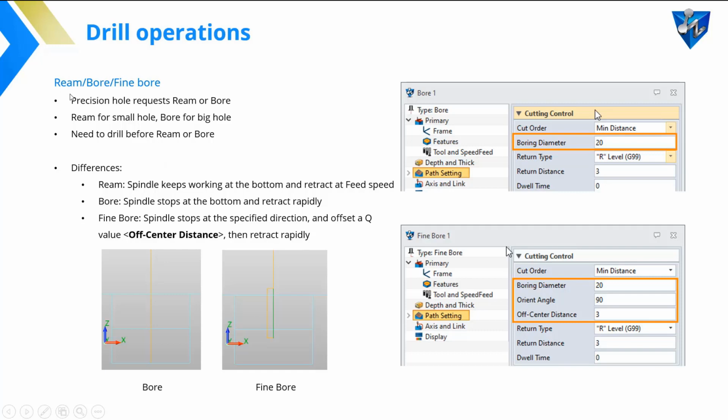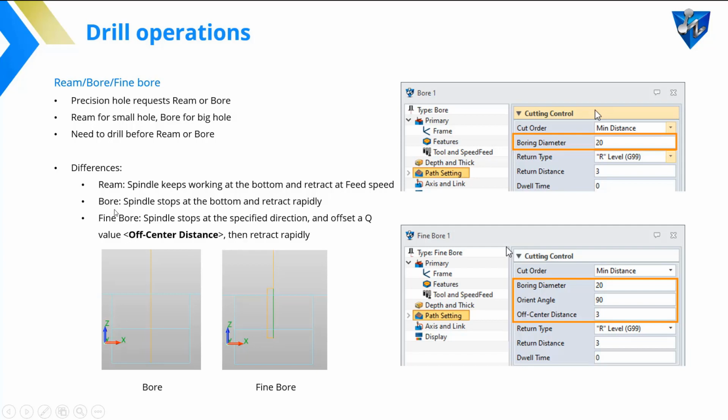Let's learn about the ream, bore, fine bore. Actually, these 3 operations are for precision hole drilling. So ream is for small holes and bore is for big holes. We need to drill before ream or bore. So let's see the differences. The ream: the spindle keeps working at the bottom surface and retracts at feed speed, and the bore spindle stops at the bottom and retracts rapidly.